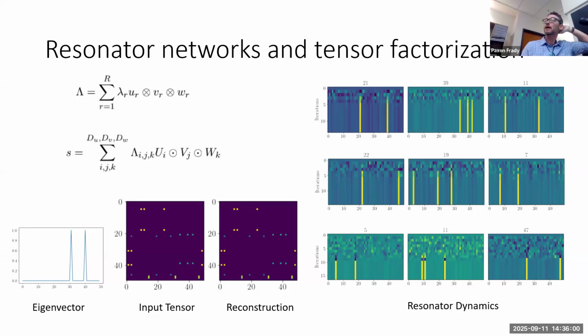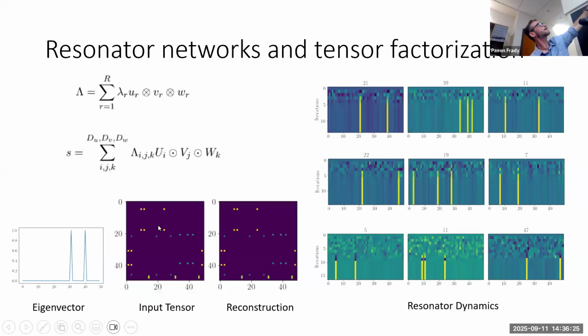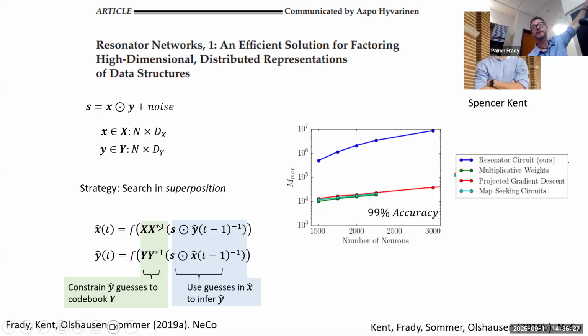Sorry, why is it necessary that the network be a resonator to get this? What is resonating? Okay. This is a resonator network. These are high dimensional vectors that you bind, right? And these are just matrices that you do dot products with. And then there's maybe a normalization function here.